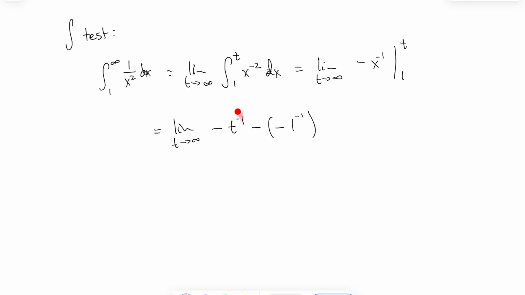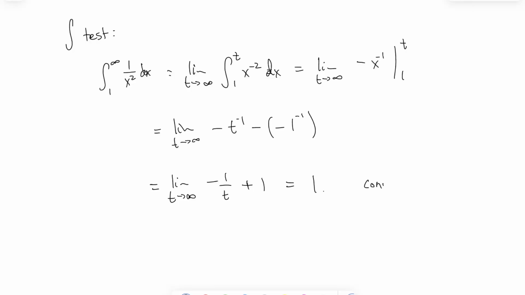T to the negative 1, what happens to that when t goes to infinity? Anybody say? 0. Yeah, that's going to be 0, right? T to the minus 1 is 1 over t. Sometimes I have an easier time thinking about this limit if I write negative exponents as fractions. This, I suppose, is plus 1, the rest of it. And then that 1 over t becomes 0 when I do the limit. And so the answer here is 1.